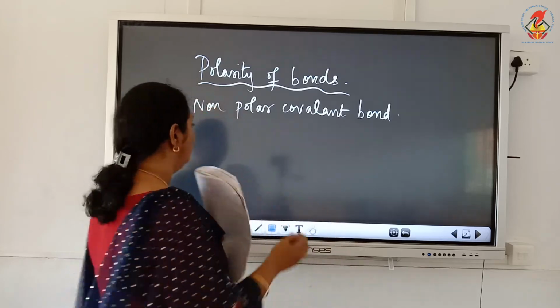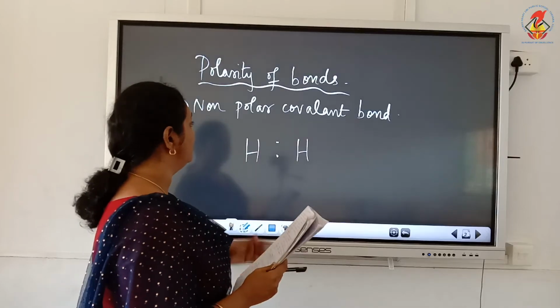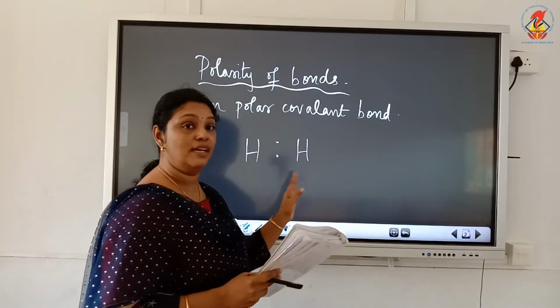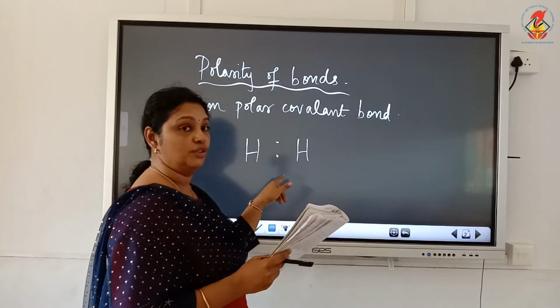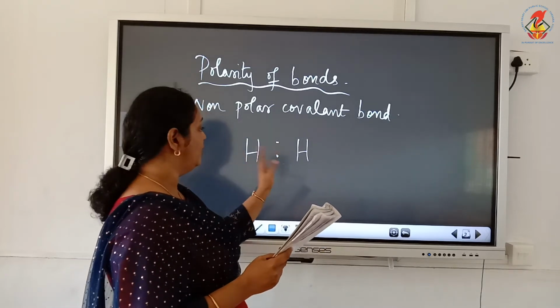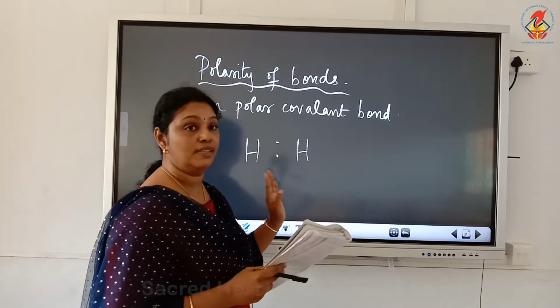For example, the H2 molecule. This is a non-polar covalent bond, and H2 means we have one bond, which means two electrons. Since these are two similar atoms, this bond pair of electrons is equally attracted by both the atoms. Where will be the position of this electron?